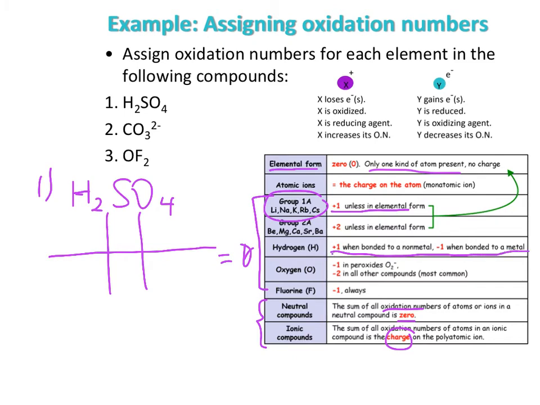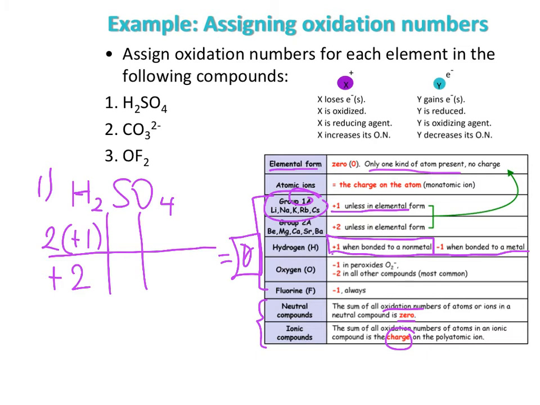So it's +1 when bonded to a nonmetal, so when it's acting like its other counterparts of group 1A. We have 2 of them, so each one is +1, and there's 2 of them. Overall, this is contributing +2 to the overall charge right here.